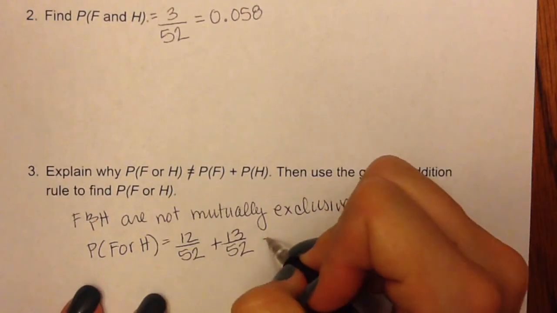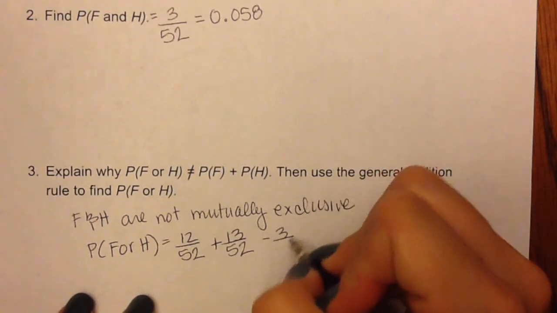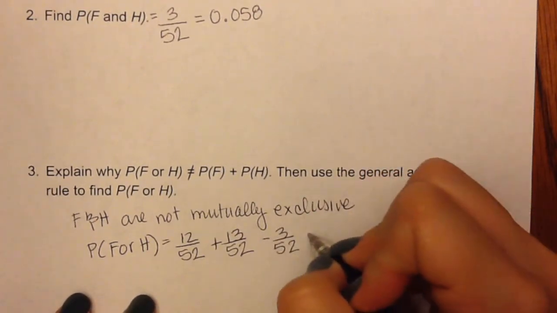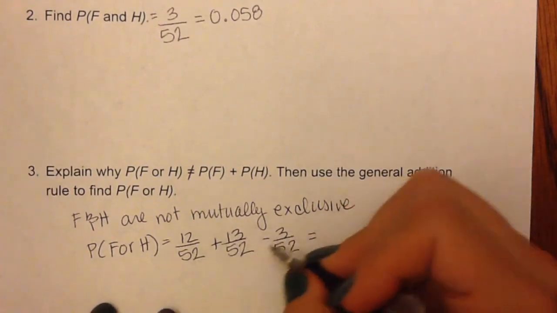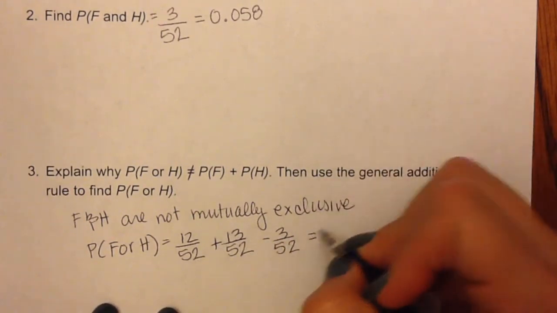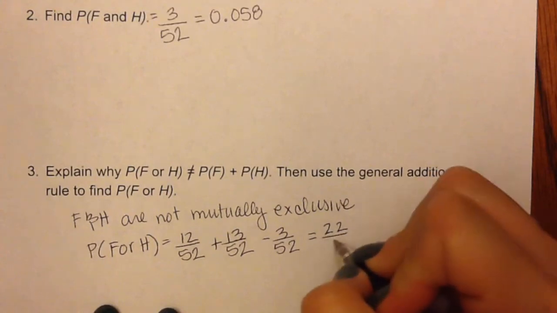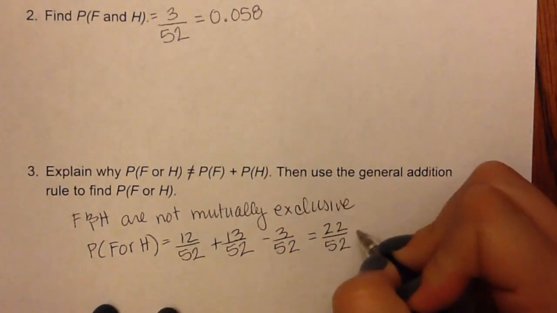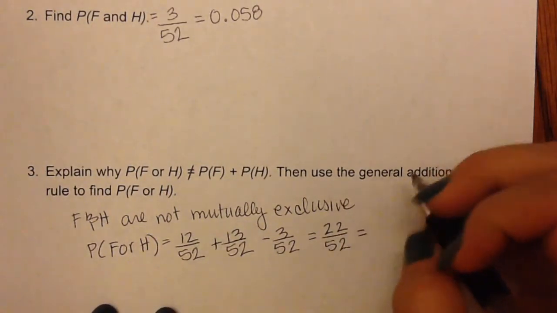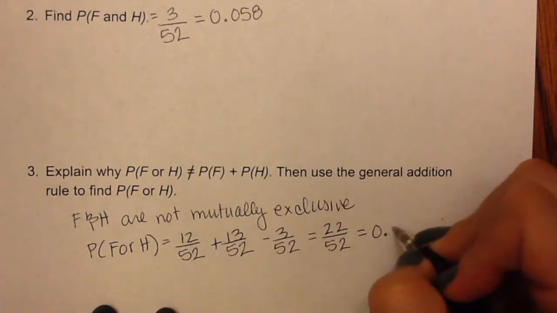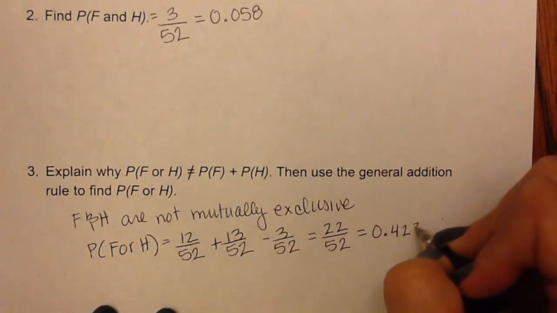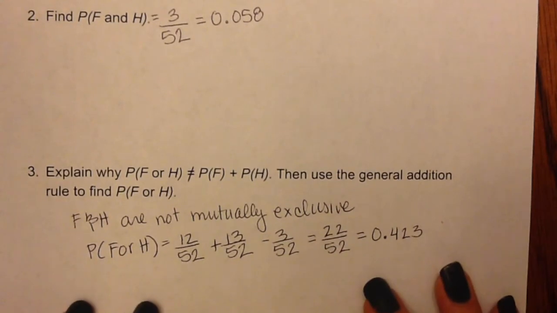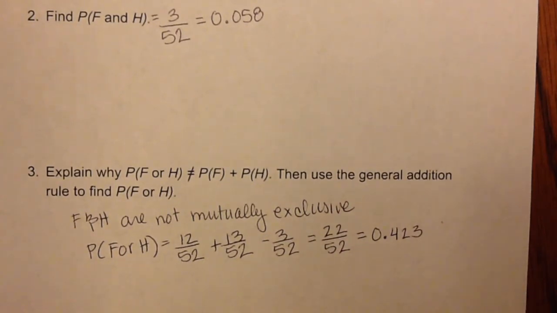Meaning I'm going to subtract out 3 out of 52. If you add those up and do that subtraction, you get 22 out of 52. And again, you can leave that as a fraction or you can change it to 0.423. So you've got about a 42% chance of getting a card that is either a face card or it is a heart.